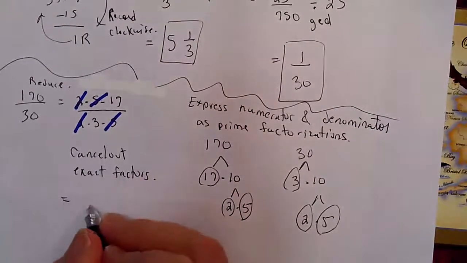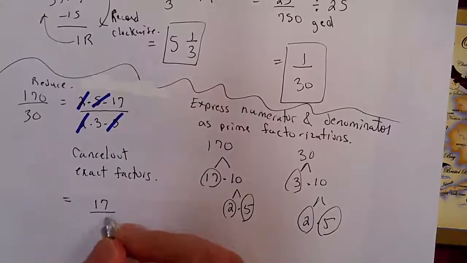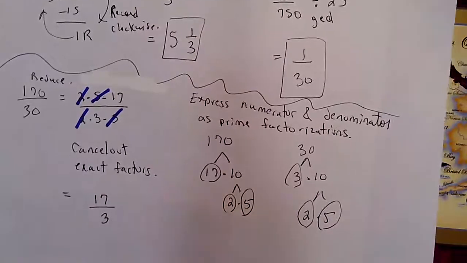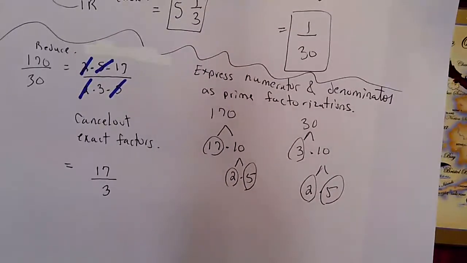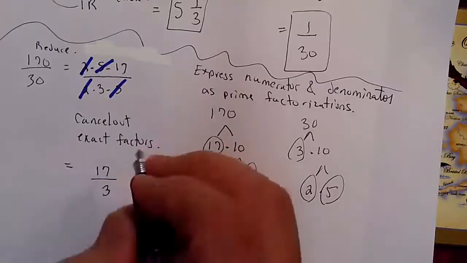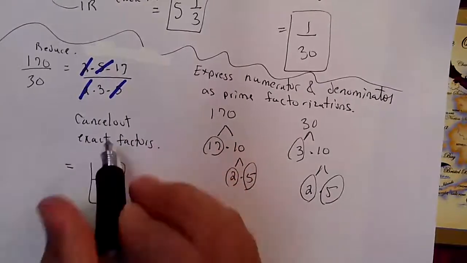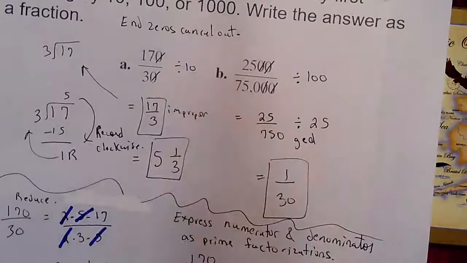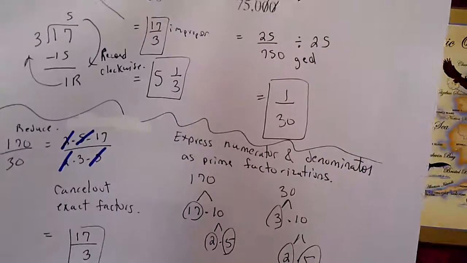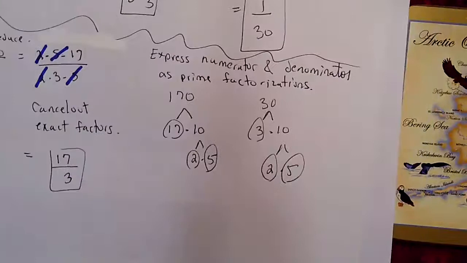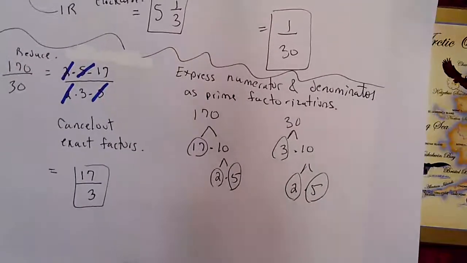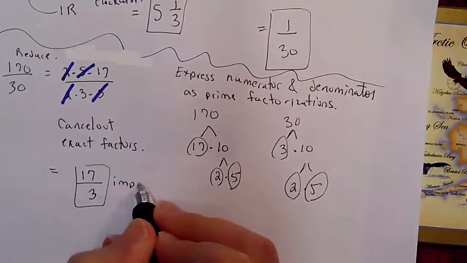We're left with just 17 in the numerator, and in the denominator we have 3. And this is what we had over here. This is improper. We just did it a different way. We just used prime factorizations, and then we canceled out exact factors. And of course, if you wanted to make it a mixed number, you could.